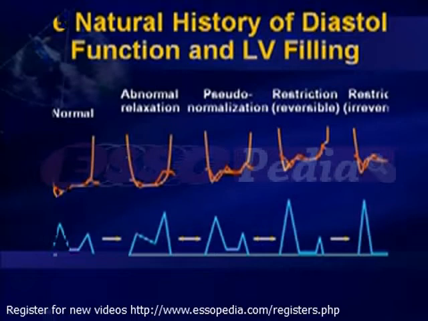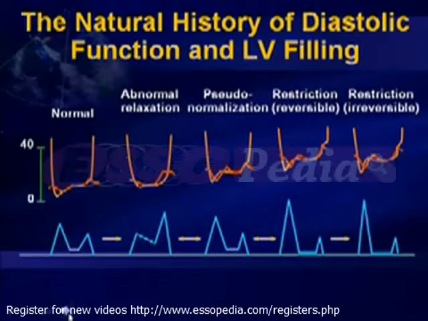So if we look at the natural history of diastolic function and LV filling, we appreciate that the mitral inflow velocity profile reflects the combined influence of impaired LV relaxation, this grade 1 pattern, and impaired LV relaxation with elevated filling pressure.